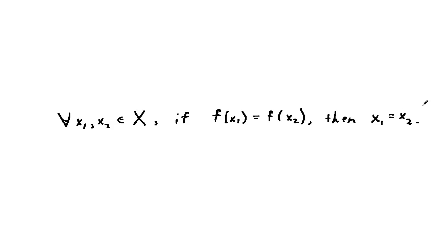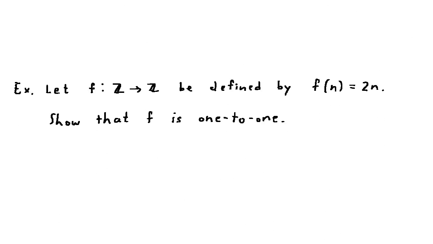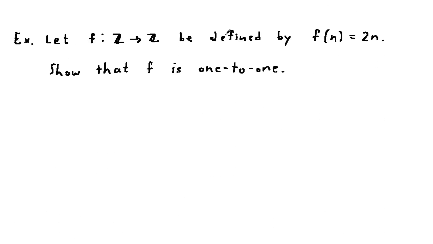Okay, let's do some examples. Let f from Z to Z be defined by f of n equals 2n. Show that f is one-to-one.